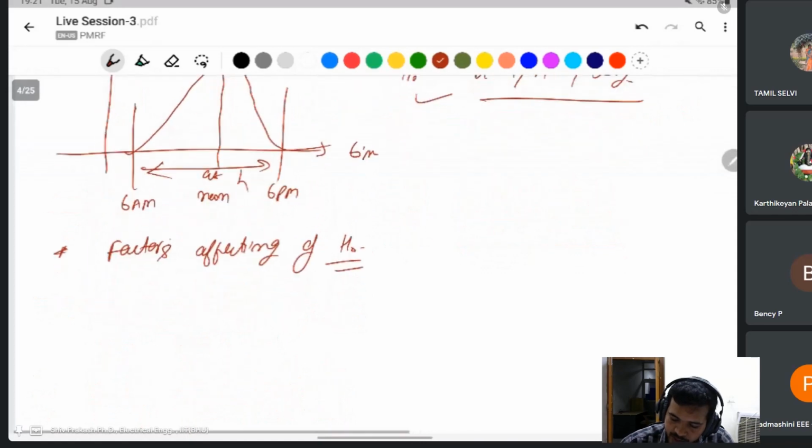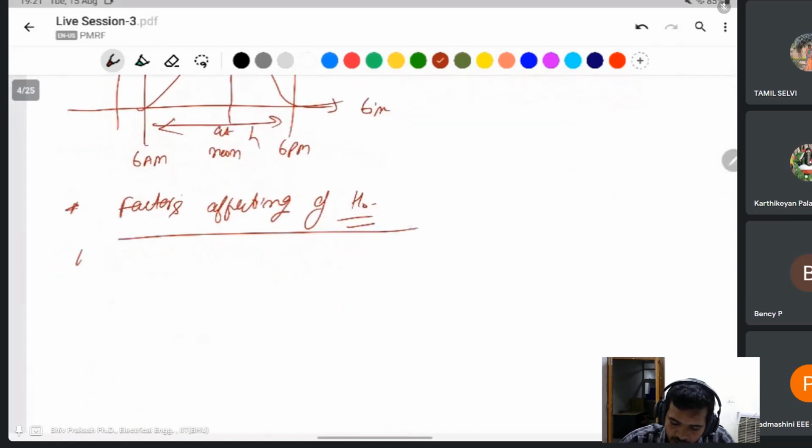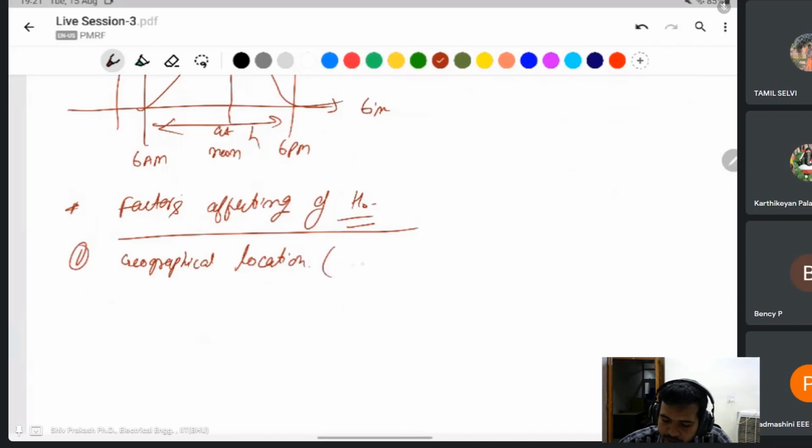Energy is affected by geometrical location, longitude and latitude.